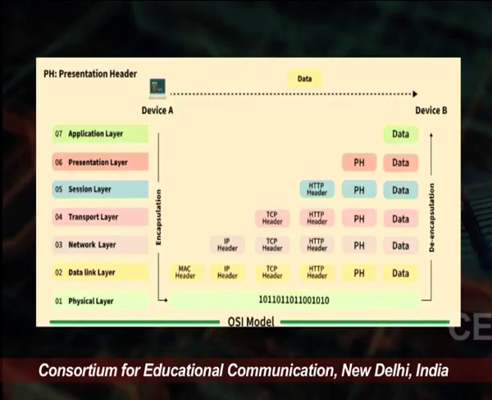At the presentation layer, the data is there along with the presentation header only. That also will be stripped off. At the topmost layer, the application layer of device B, only the data which was created by the application layer of device A is going to be there.